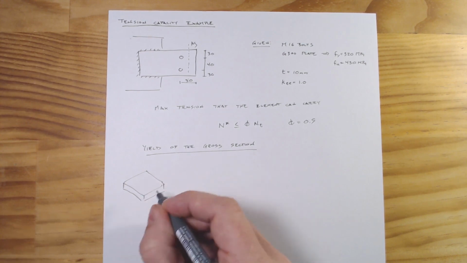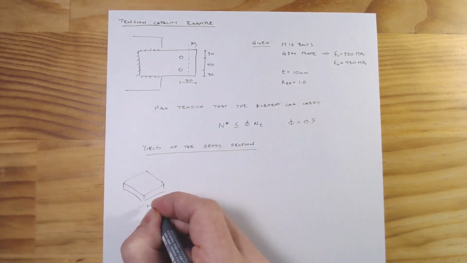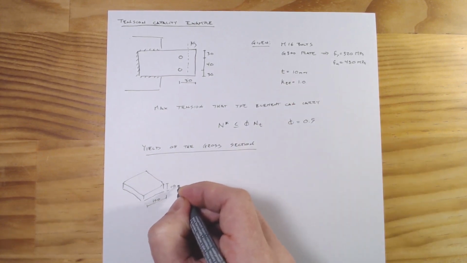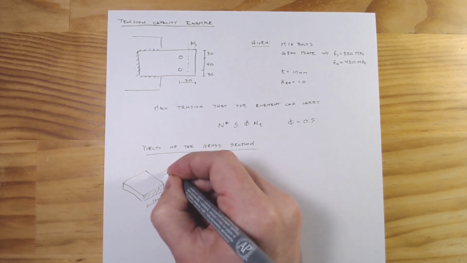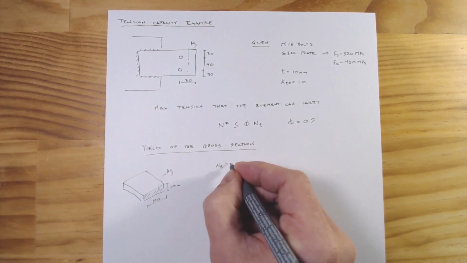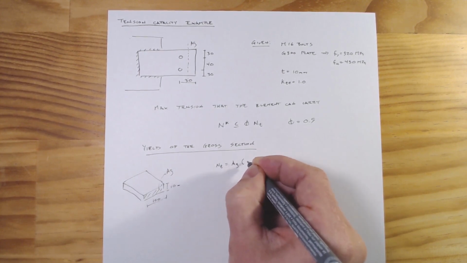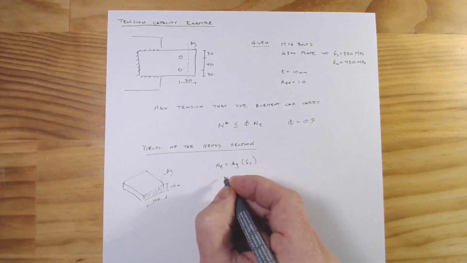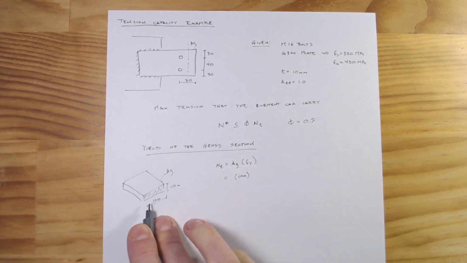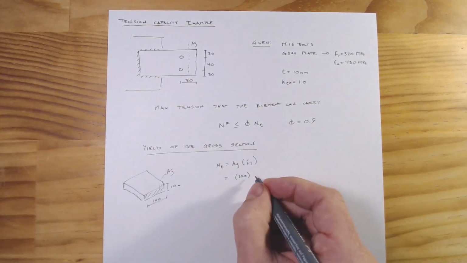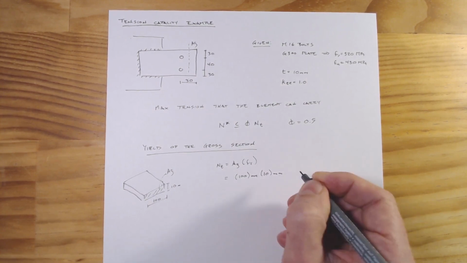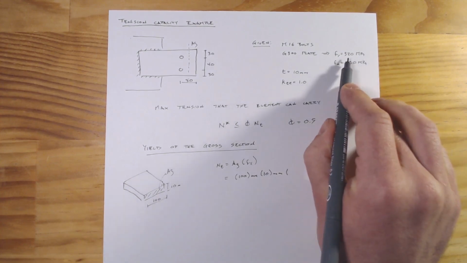Of course we're going to have a distance of 100 millimeters wide and 10 millimeters thick, and that's going to be Ag. So Ns of t equals Ag times fy. That's going to be 100 millimeters wide, so 30 plus 30 plus 40, times 10 millimeters times 320 MPa.